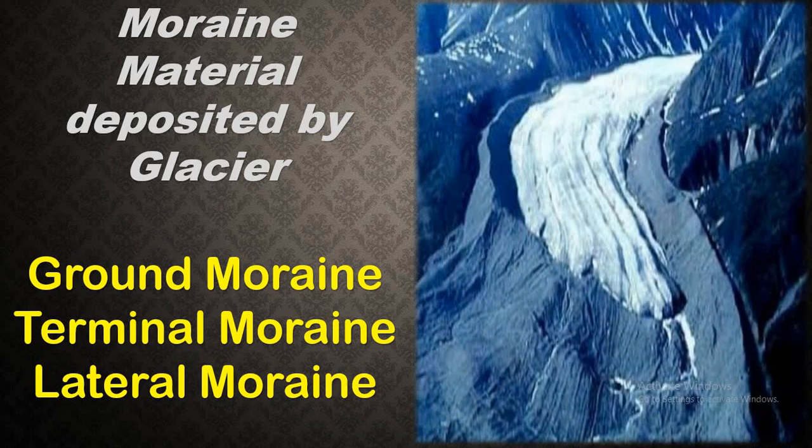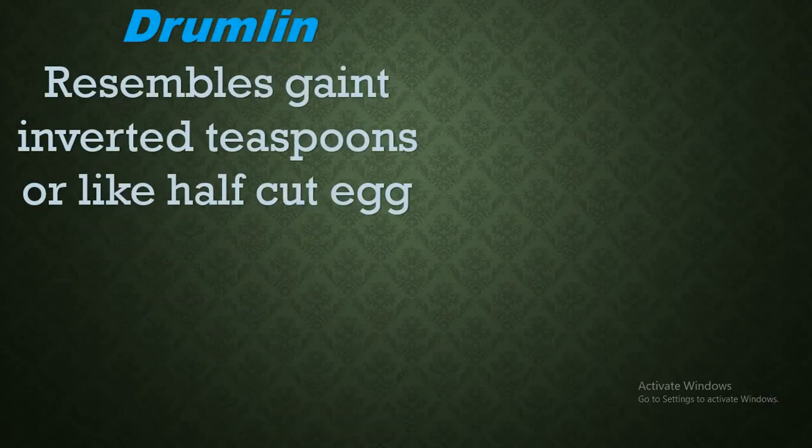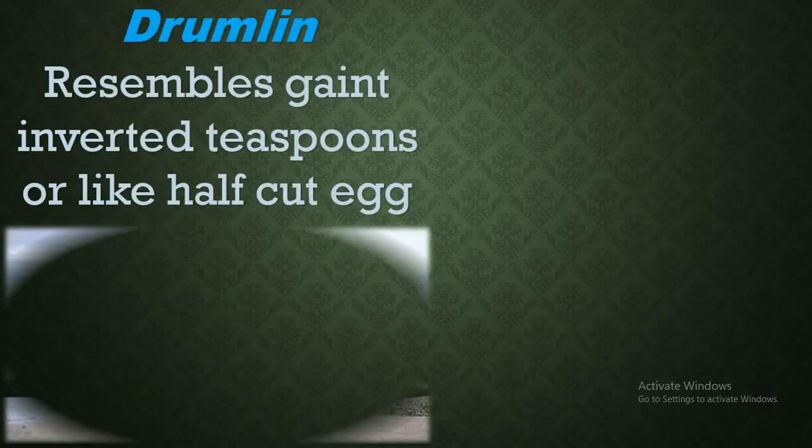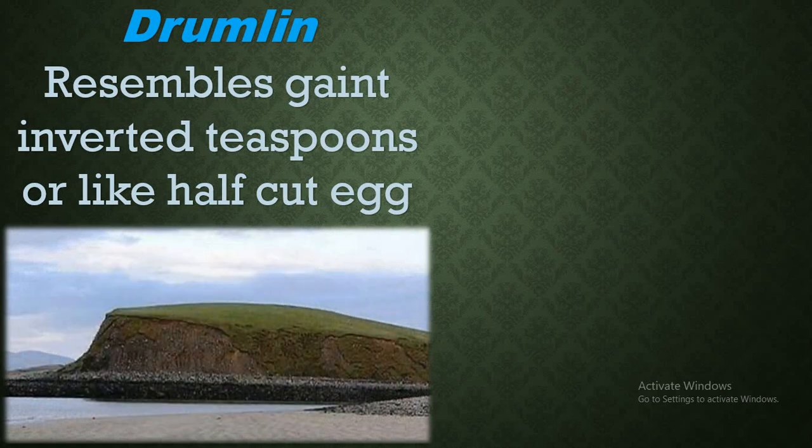It just moves. Okay, deposition of glacier. When the glacier gets deposited, it fills the place, the mountain heights, and extends its features. A drumlin resembles a giant inverted teaspoon or a half-cut egg.